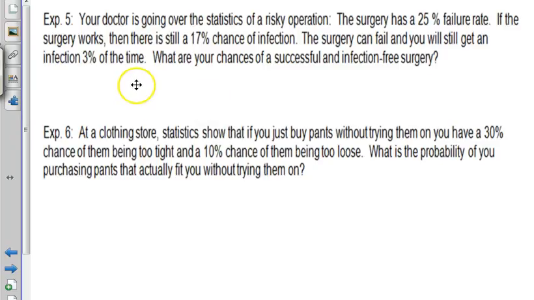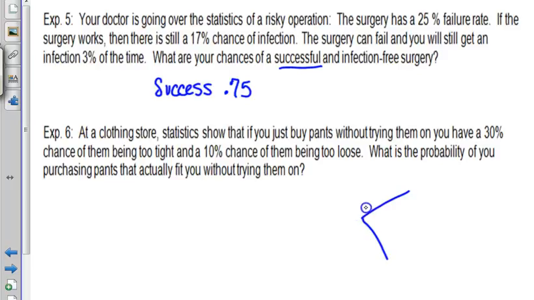Okay, what's the chance of a successful surgery? 75, right? Infection-free. Okay.